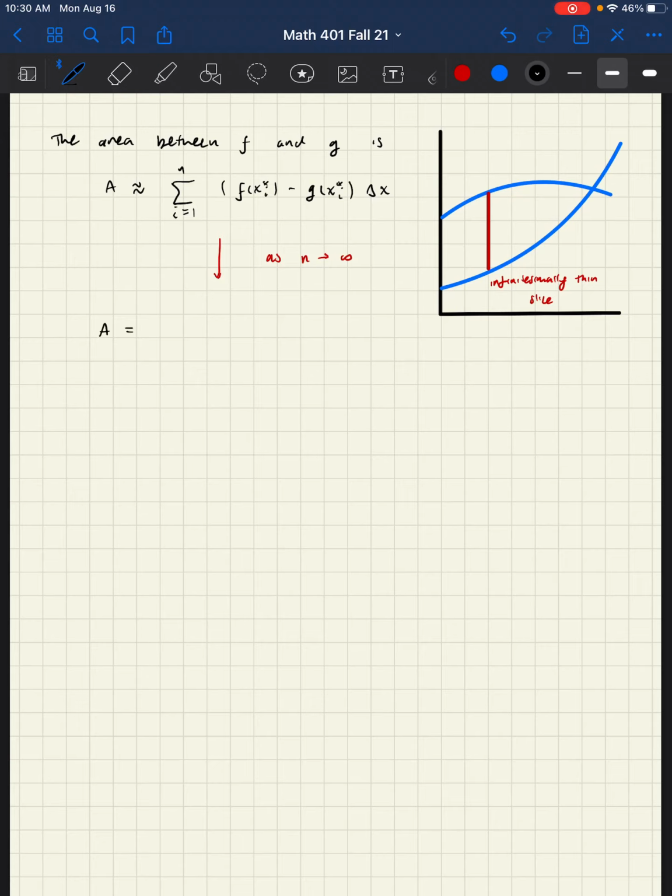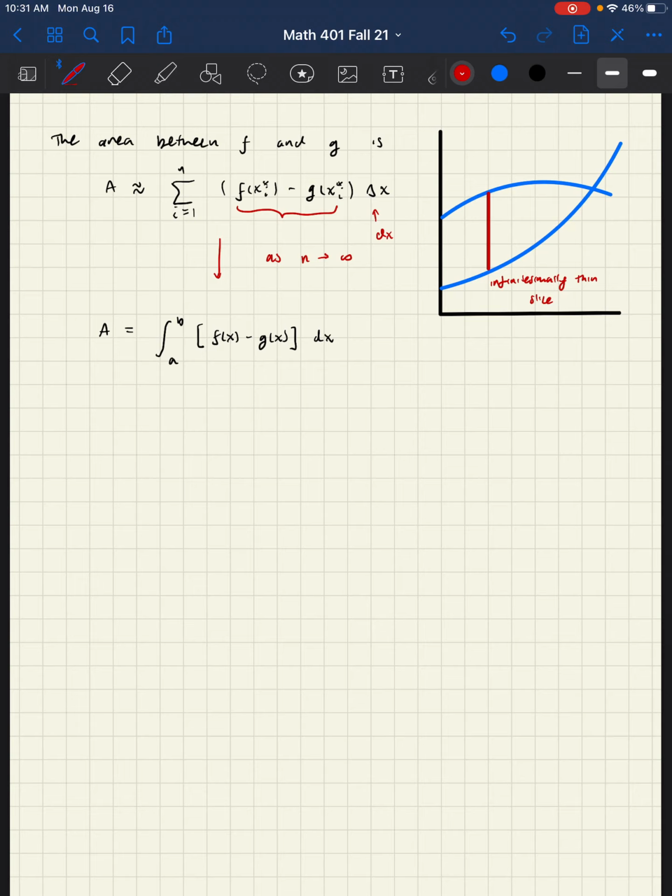because in the limit, the Riemann sum becomes an integral, where you're talking about the integral from a to b of f of x minus g of x dx. So the important pieces here to recognize are, this is the integrand, and here's our dx in the limit.